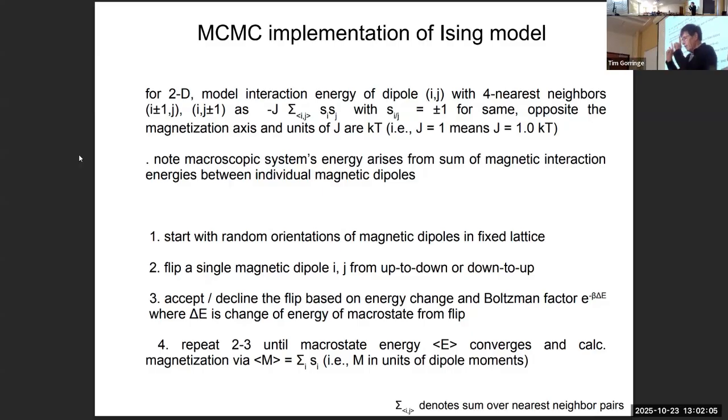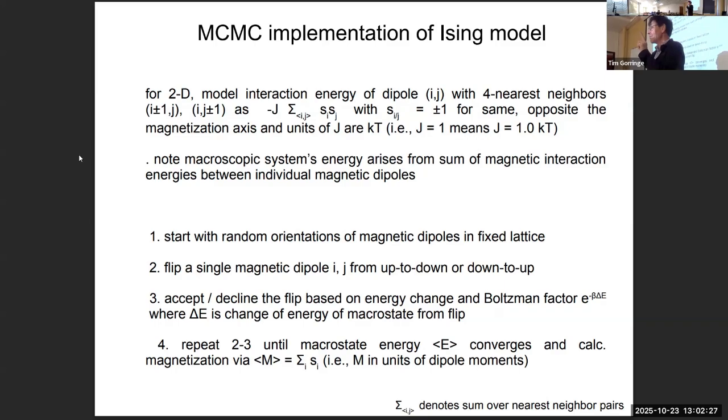So that product, Si times Sj, where Si is either +1 or -1, and Sj is either +1 or -1, depending on whether the atoms are aligned or anti-aligned to the magnetization axis, is going to be either +1 or -1.